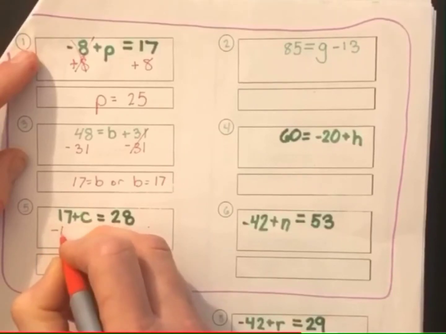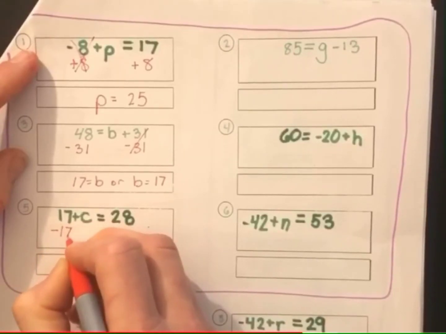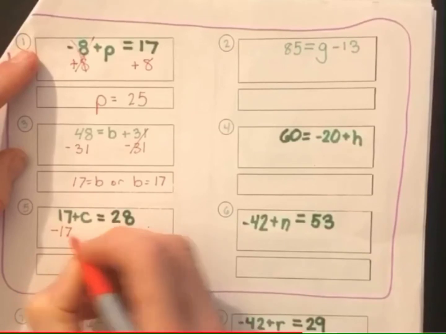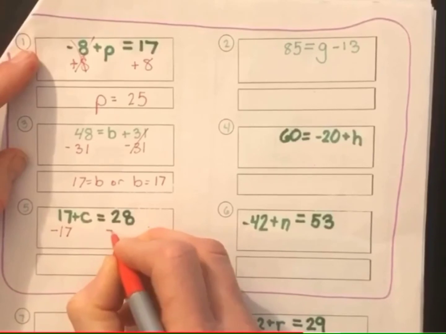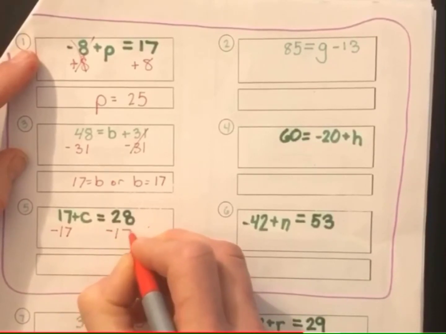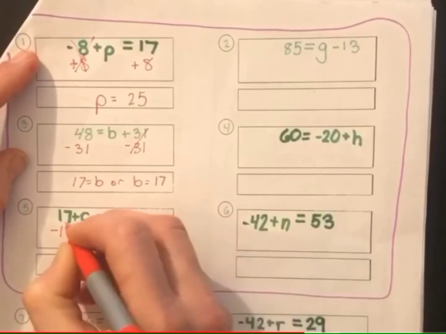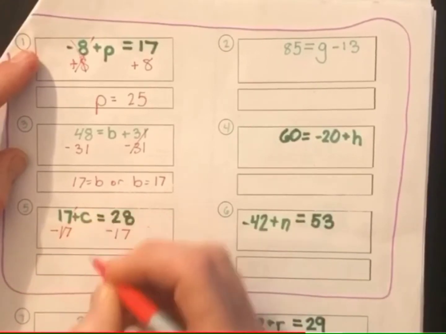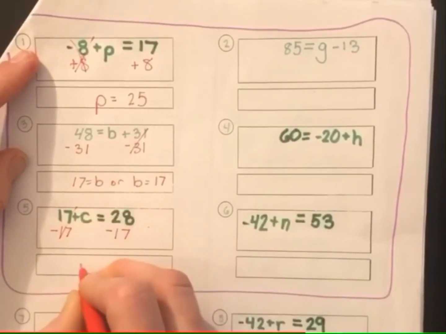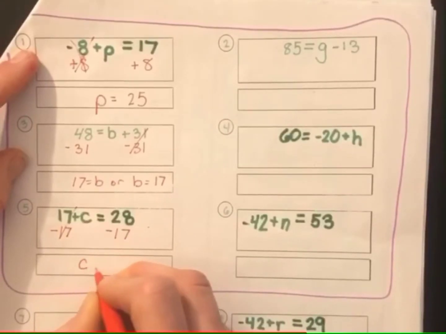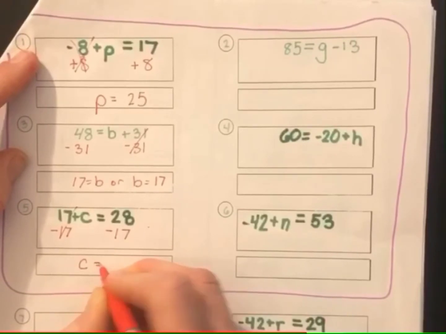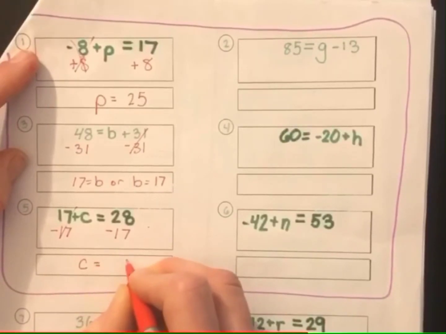The opposite of 17 is -17. So, we'll subtract 17 from both sides. When we do, on the left side, 17 cancels out, and we're left with c equals 28 minus 17 is 11.